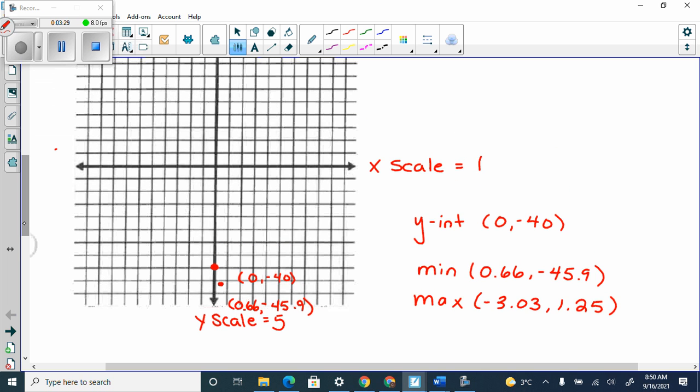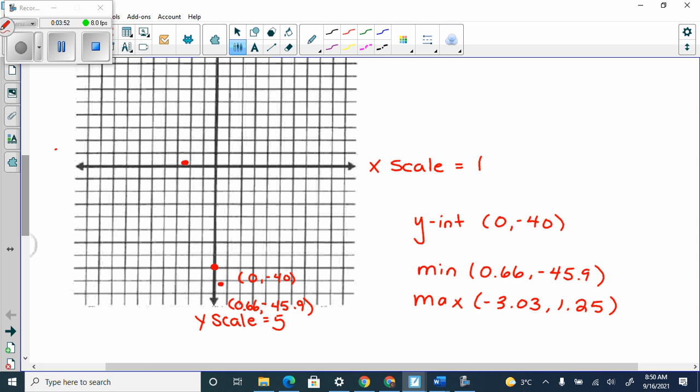And remember, you have to remember the whole time that your y scale is 5. So what I find people will do is they'll go to negative 3, and then they'll go to 1.25 and put it here. But that's not 1.25, that's like 6, right? So it's just above. That's not the most accurate. It should be just over it.